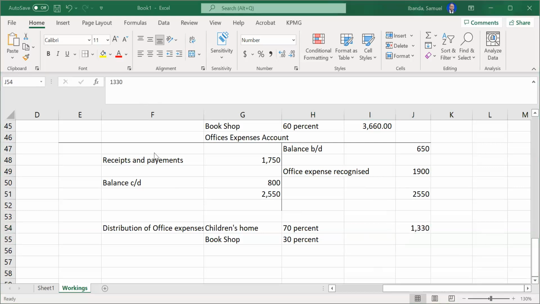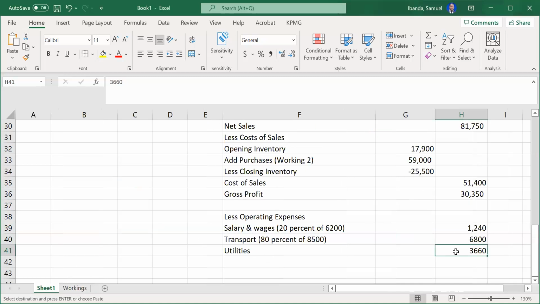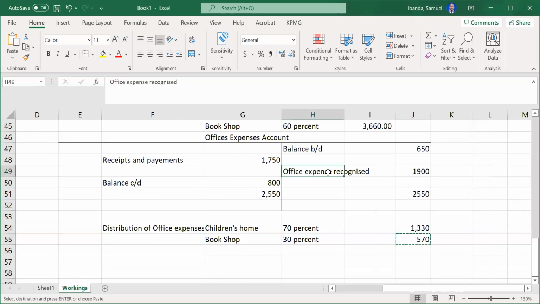Then 30%, 0.3 times 1,900 gives me 570. So I'll pick my 570 and bring it here, and call it office expenses.